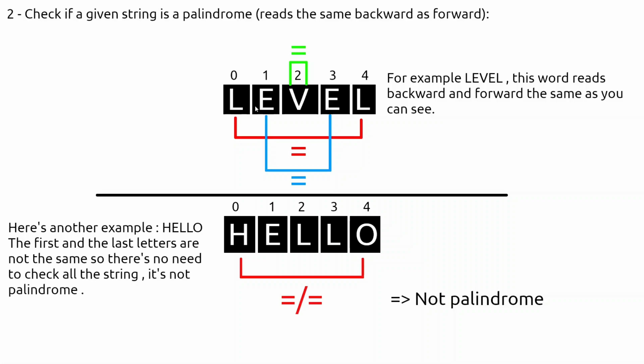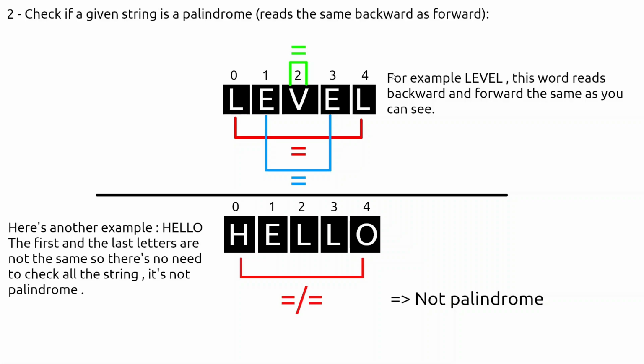So we need an algorithm that would go through both sides. For example, the first one would check the first letter, and the other would check the last letter and compare. If they are equal, it continues. So for example, L is equal with L, and then E is equal with E, and then the V, there is nothing else to compare it with except itself because it is in the center.